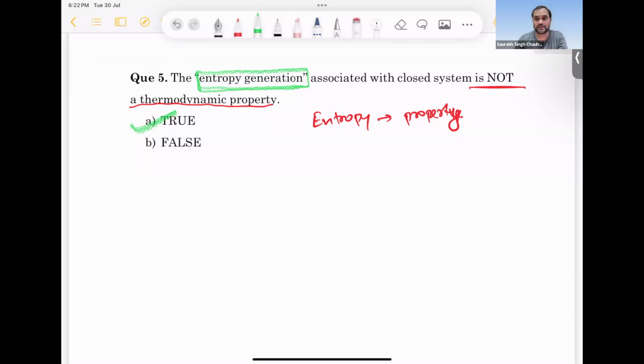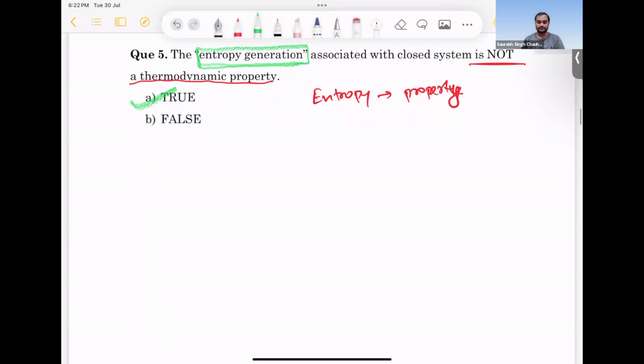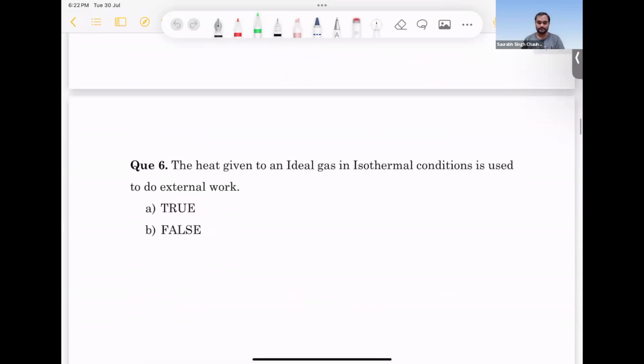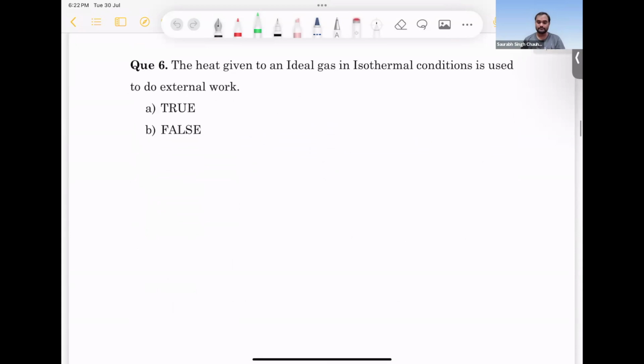So I think we can move to the next question. Question 6. It says the heat given to an ideal gas in isothermal conditions is used to do external work.